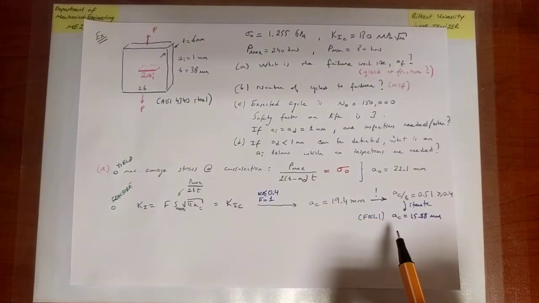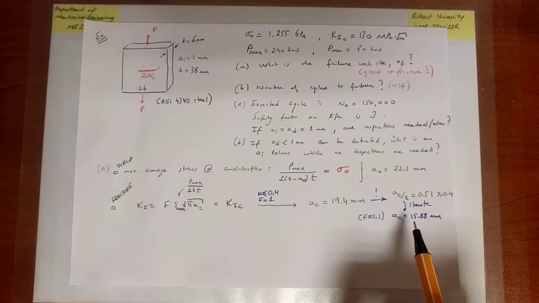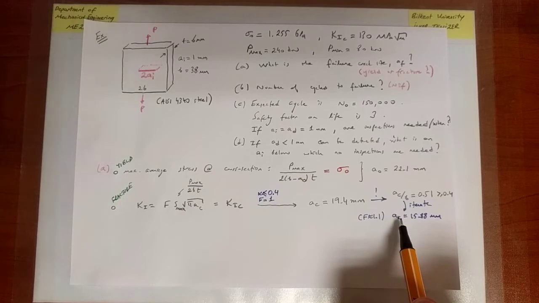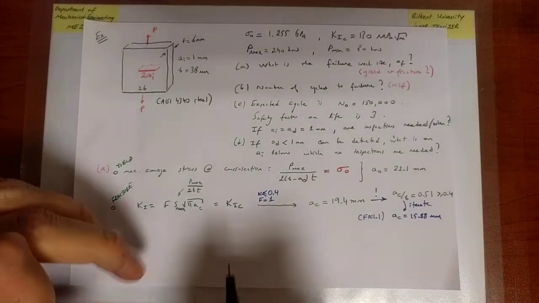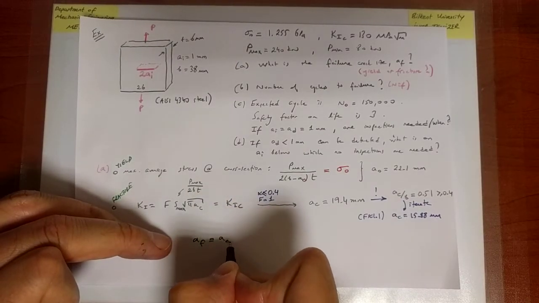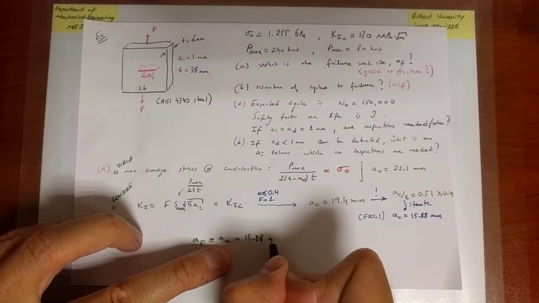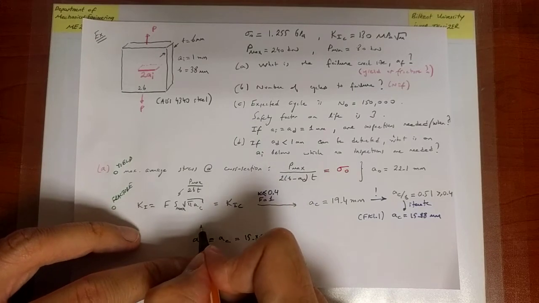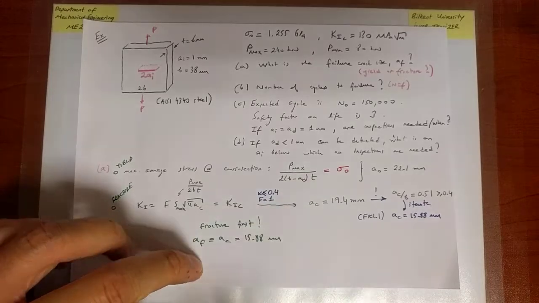Now, from all of that analysis, the only thing that presently concerns us is the fact that AC, the final crack size that causes brittle fracture, is less than A0, the size of the crack that causes yielding. In other words, the result of our analysis says that AF is equal to the critical crack size for fracture, which is 15.88 millimeters, because fracture happens first.